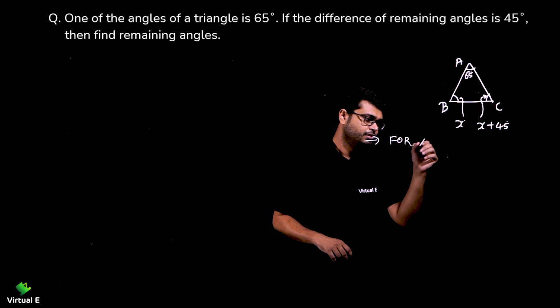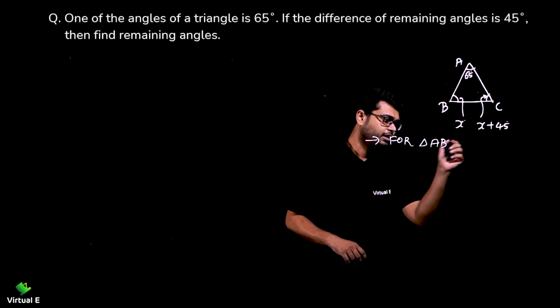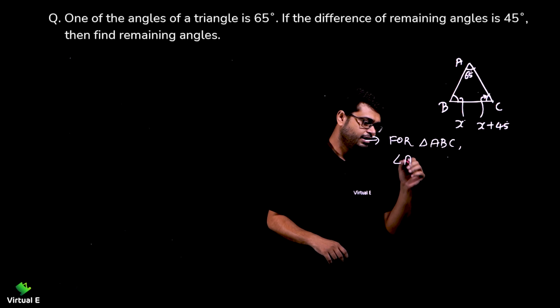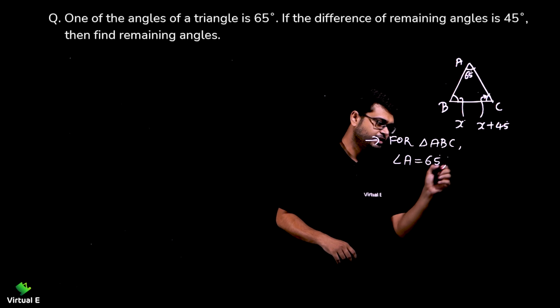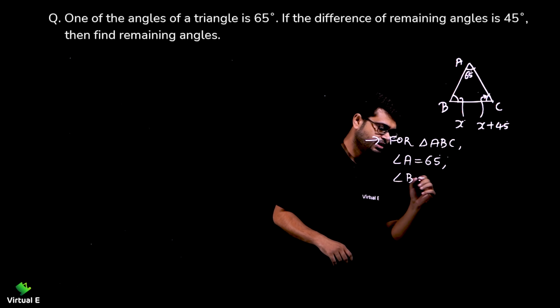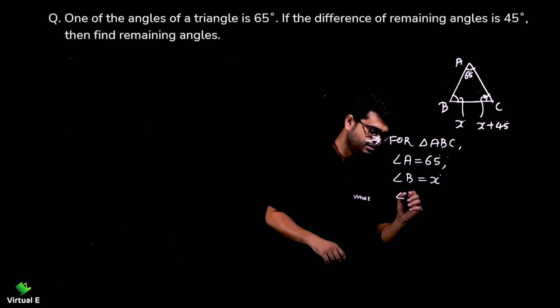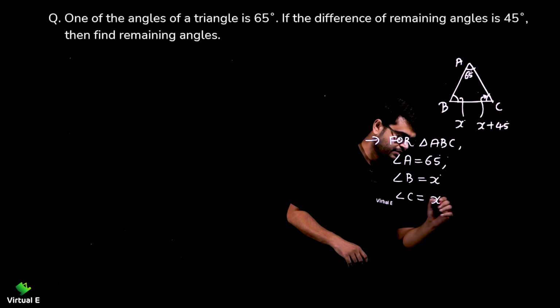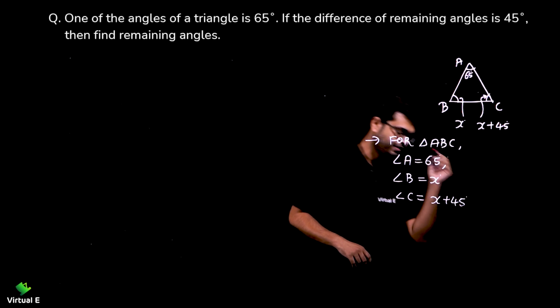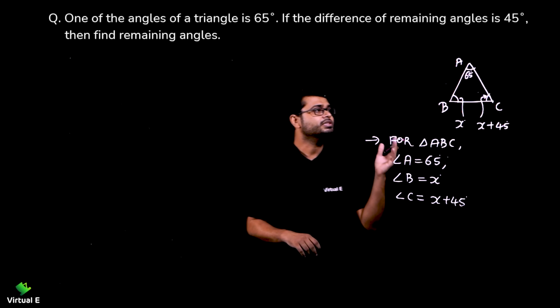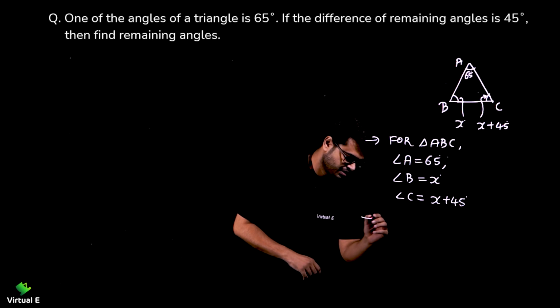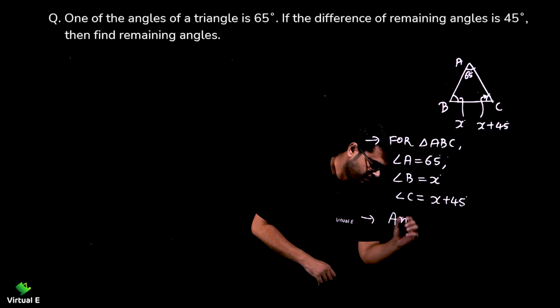So for triangle ABC, angle A is equal to 65 degree, angle B is equal to x degree, and angle C is equal to x plus 45 degree. It's a case of interior angles. So let's apply the angle sum property.